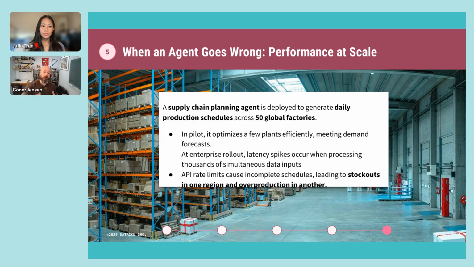Or I have to call the demand forecast model, and if I call the demand forecast model 10,000 times in a morning or something, suddenly that chokes somewhere along the way. This then can result in API rate limits that are causing incomplete schedules. So now suddenly I'm underproducing a certain product and I'm overproducing somewhere else because I didn't get the forecast information the way that I needed to, or whatever that data point needs to look at.